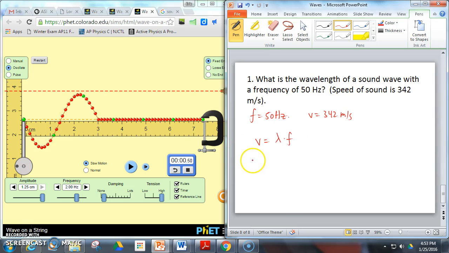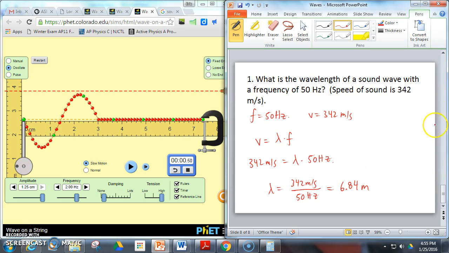And in this case, we just plug in our numbers, 342 meters per second. My wavelength is what we're trying to find, and my frequency is 50 Hertz. So we get our wavelength all by itself. Divide both sides by 50. And what we're left with is 6.8 meters, or 6.84 meters.